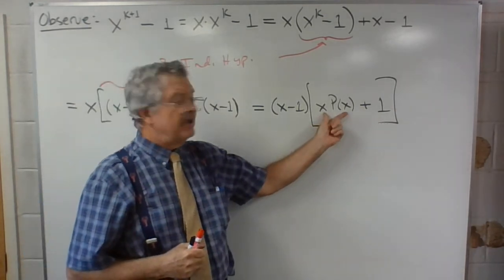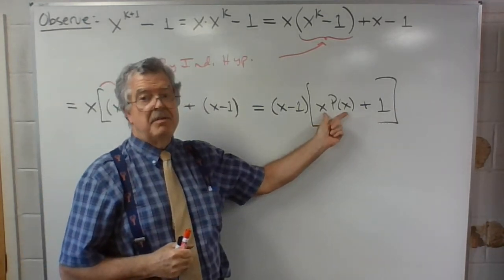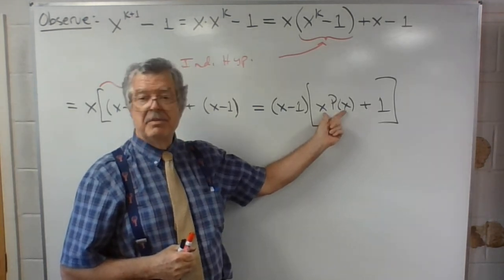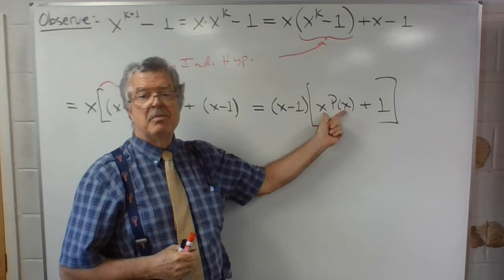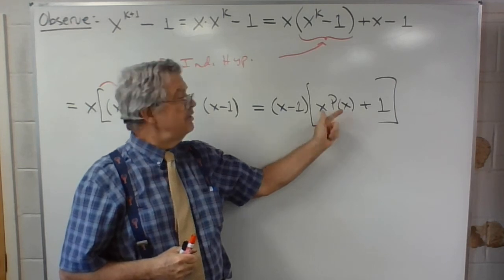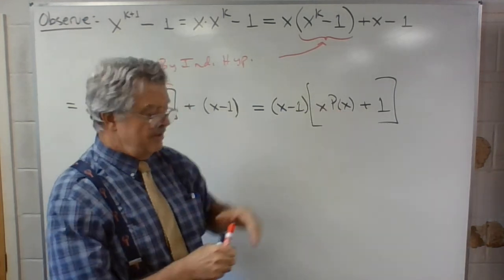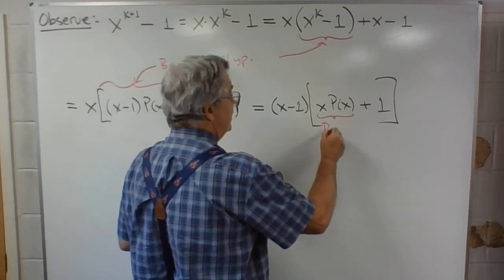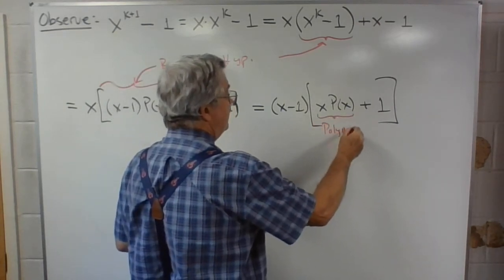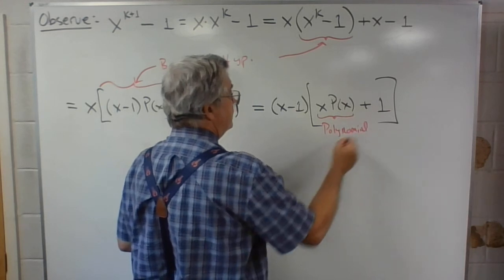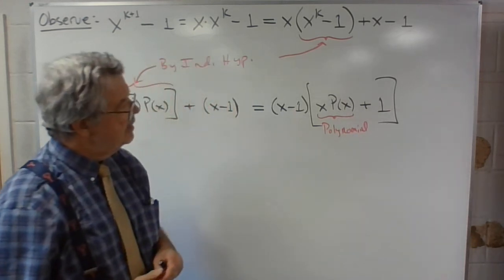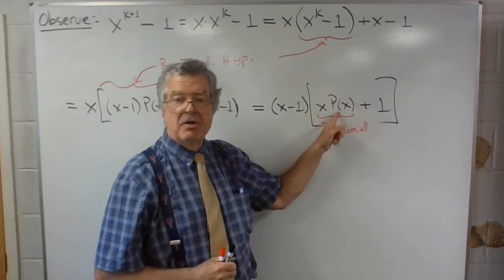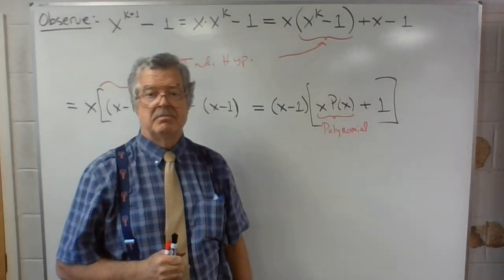Is x times a polynomial a polynomial? It is. x times a polynomial is a polynomial that is of degree 1 greater than the polynomial itself. So this thing is a polynomial. If I add 1 to a polynomial, do I get a polynomial?